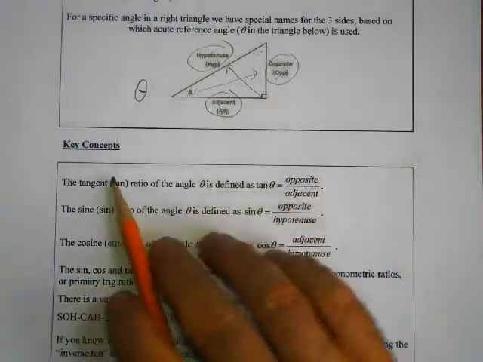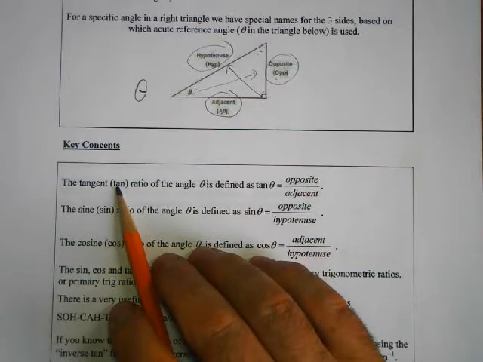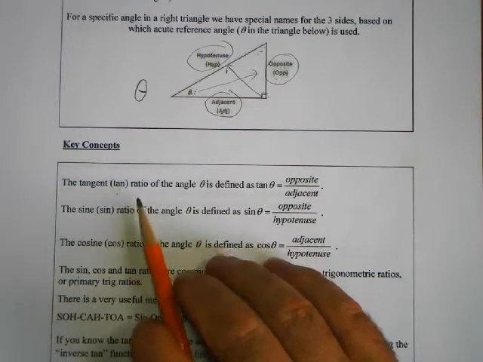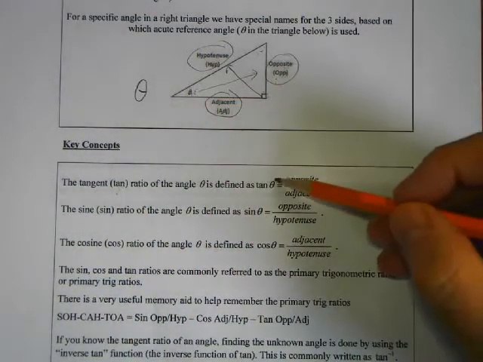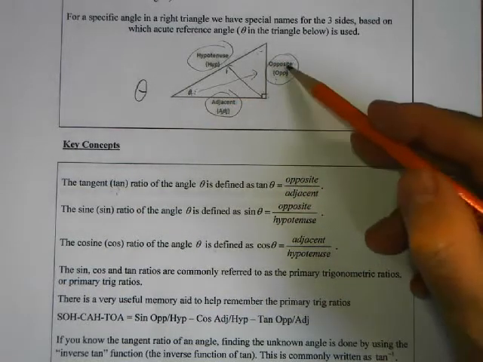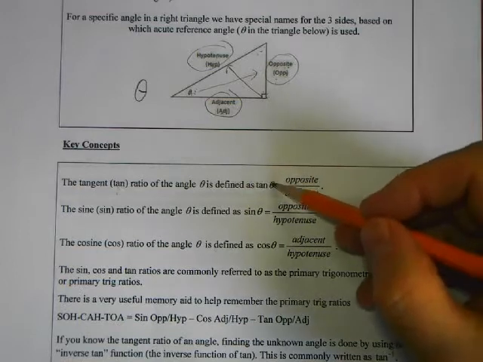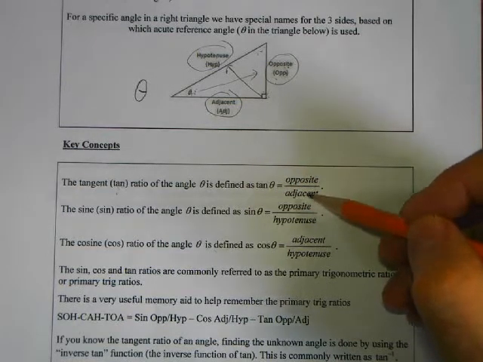The first one is called the tangent ratio. We shorten that to tan. So the tan ratio of that angle is represented by the length of the opposite side divided by the length of the adjacent side. So tan theta is opposite divided by adjacent.